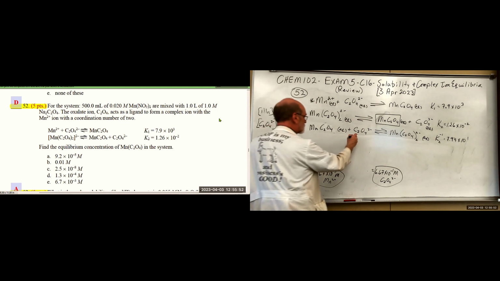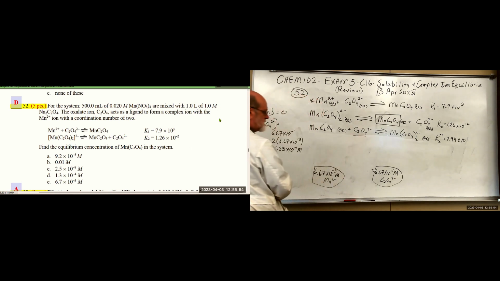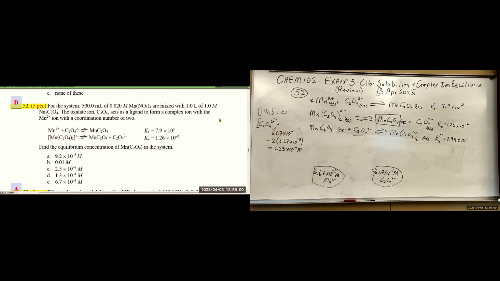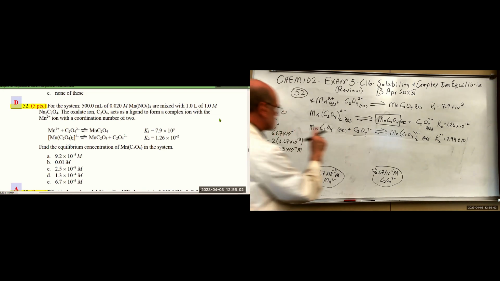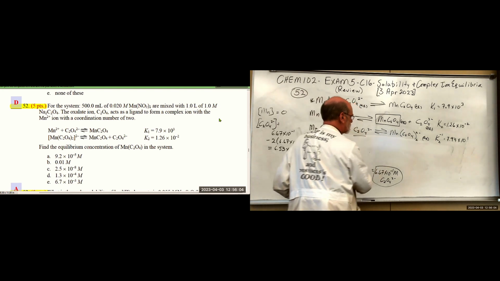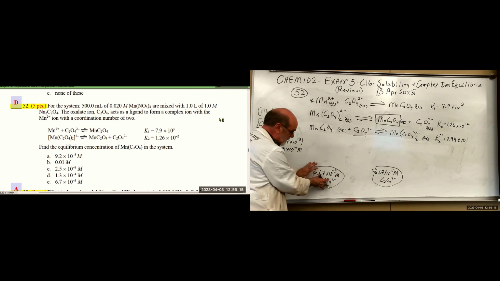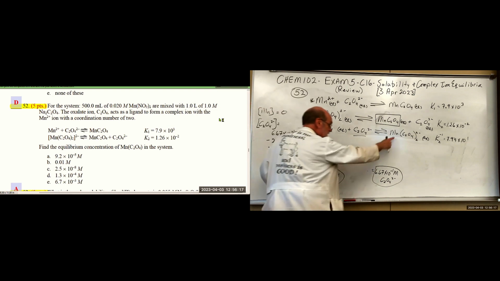Okay, so we got this one. And now we need this one. How do we know that one? Well, that one's going to be the same as all of this that we lost. We lost all of this one, and it became that one.